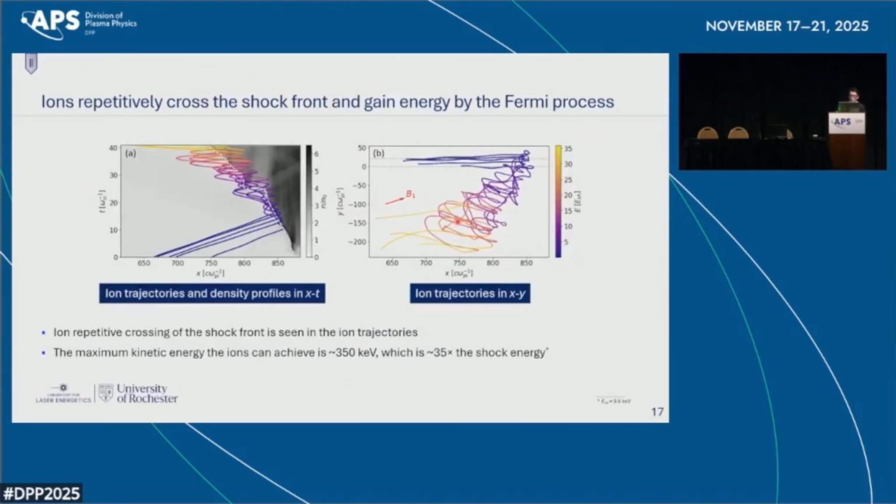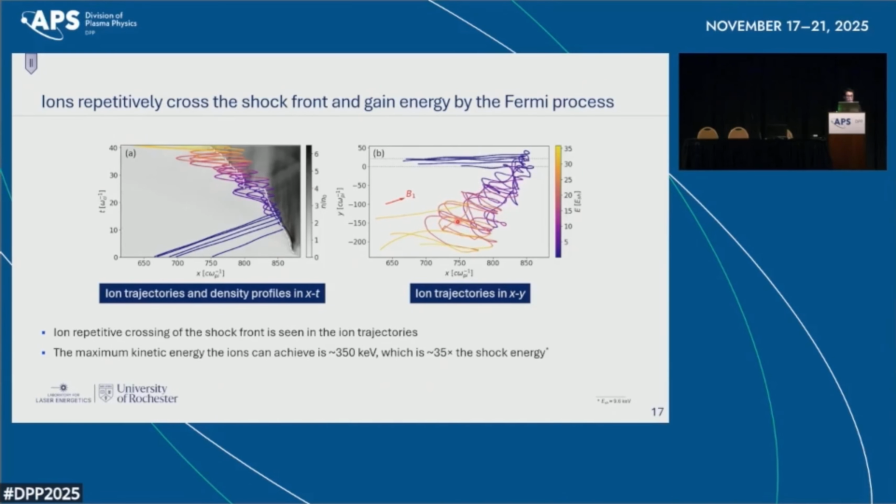Right. So I want to remind you that we do care about ion acceleration. Here I tracked some ions in the simulation. From their trajectories, for example, here on the left in this x-t plot, you can see these ions can cross the shock front many times, and they can get accelerated. The white dashed line here is the shock front.